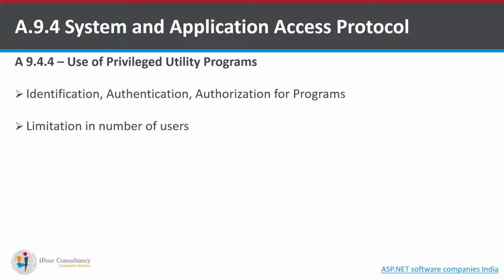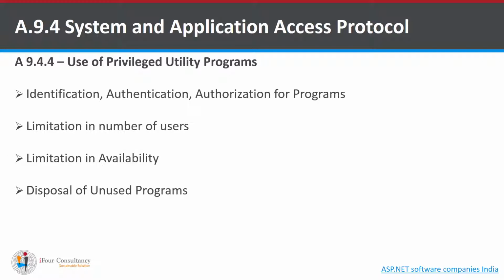The number of users using such critical programs should be limited. They should be available with proper limitation. Unused critical programs should be disposed of at the earliest. And segregation of duty should be provided so that no single user can misuse the program.